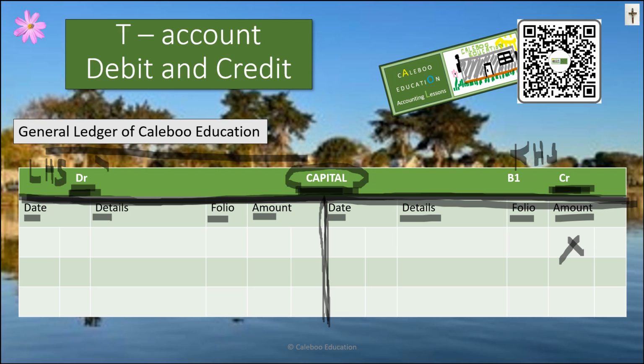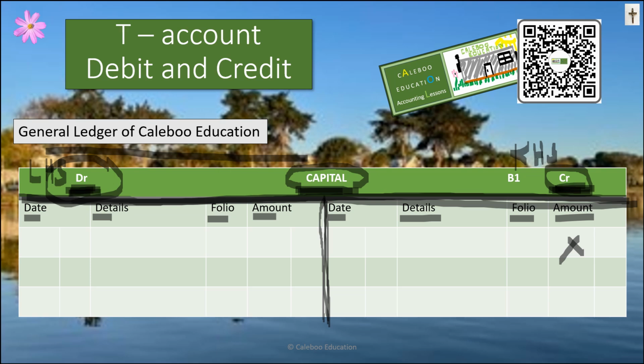Just a little bit of trivia. DR is an abbreviation for a Latin word, debitera, and CR is an abbreviation for creditera. So that's why it is DR. But it means here in English, what we're going to do, debit and credit.